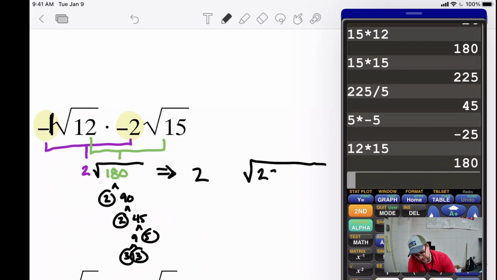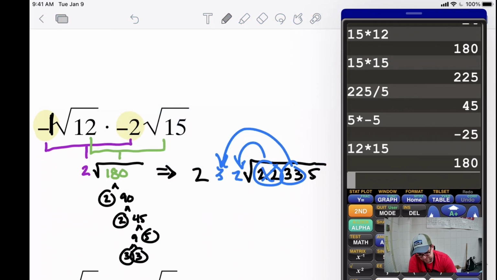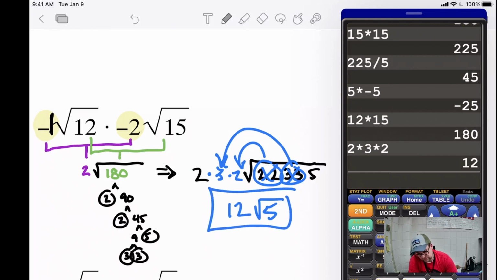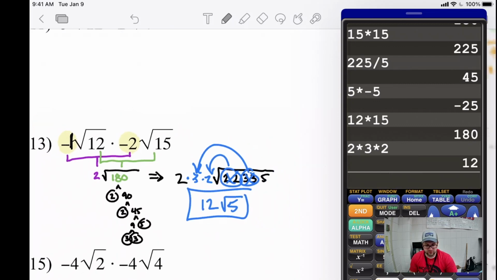I'm going to have my 2, 2, 3, 3, 5. Let's do any 2-for-1 specials. We can pull out a 2. We can pull out a 3. Looks like we still have a 5 that's inside. And then to get our outside, 2 times 3 times 2 is 12. So our final answer will be 12 square roots of 5.